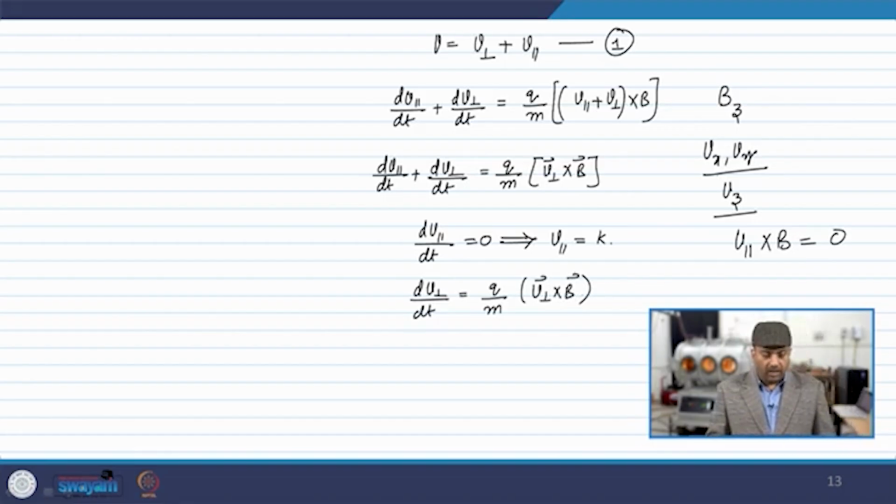So, the magnetic field has no effect on the component of velocity which is parallel to it, and it only affects the perpendicular component, v perpendicular, right.